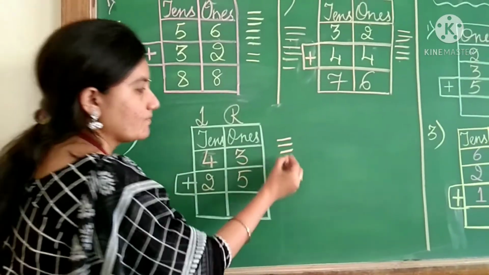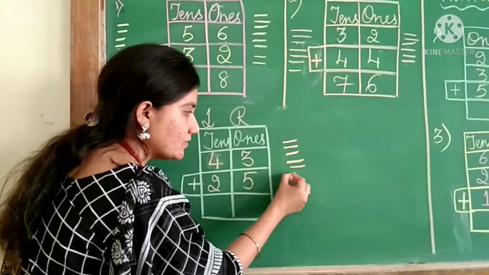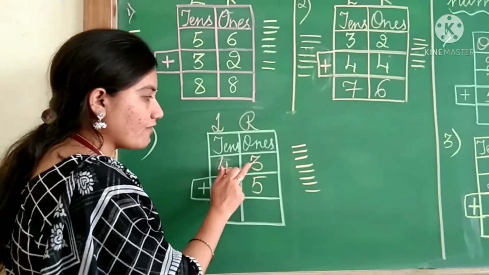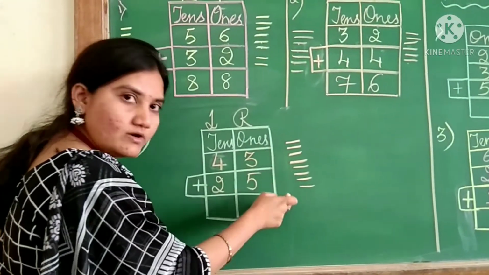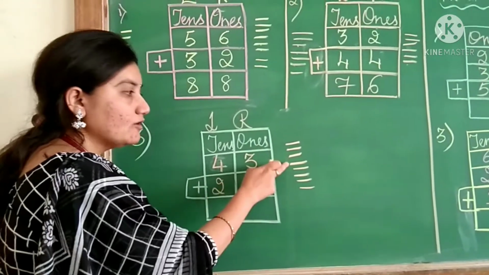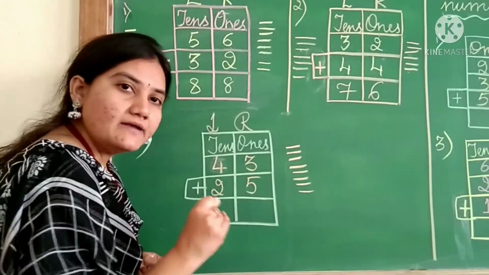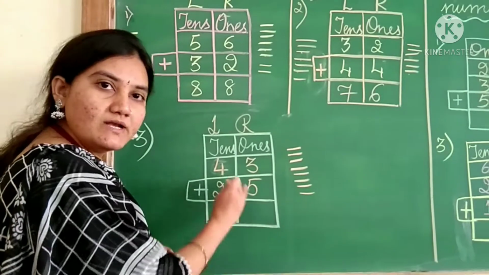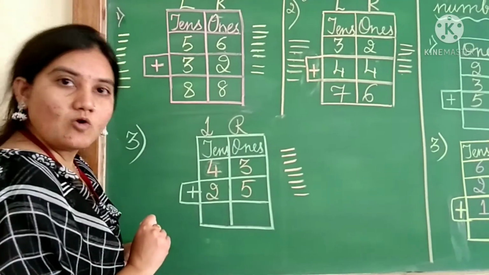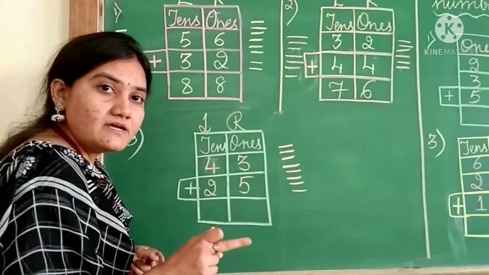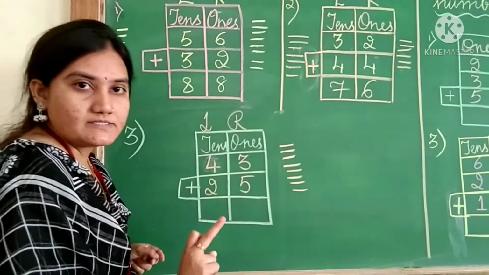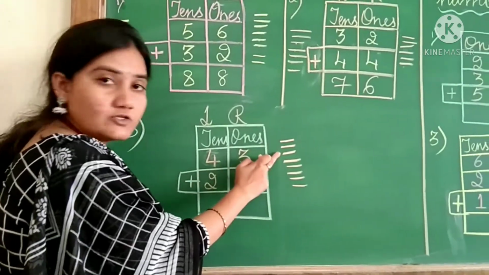I will draw the 5 lines. 1, 2, 3, 4, 5. You have to draw first 3 lines, then down only you should draw 5 lines. It will be very easy for you, children. If you draw the lines, then it's very easy. You will get the answer soon. Got it? When will you get the correct answer? When you draw the correct lines. 3 means only 3 lines you should draw.